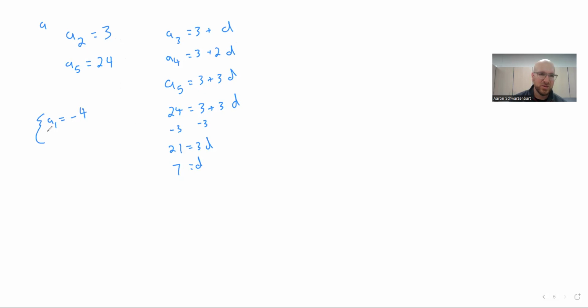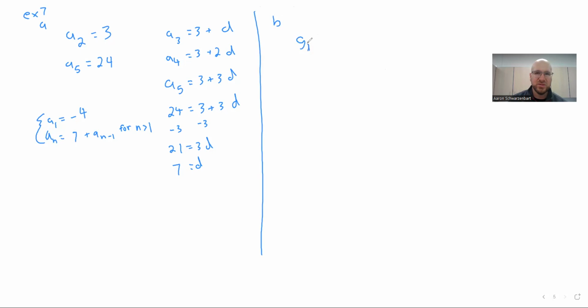So that's negative 4. And then I'm just adding 7 to the previous term. So that was part A. This is example 7. Part B of example 7 asks to do the same thing with geometric.